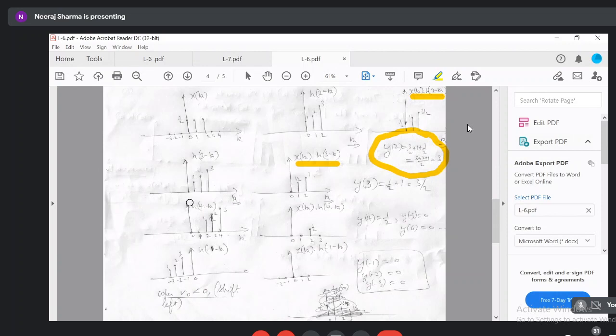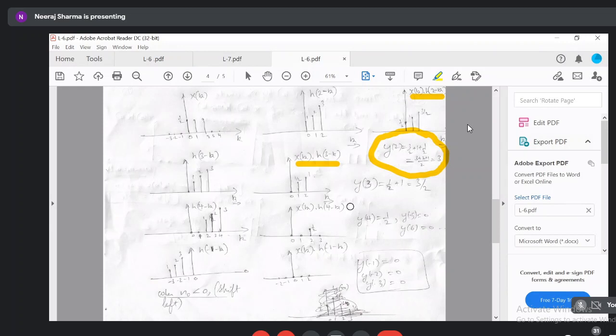So again do the sample wise product, right? 0 multiplied by 1 by 2, that is 0. 1 multiplied by 1 by 2, that is 1 by 2, right? Next is 1 by 2 multiplied by 2 equal to 1. Then this, that is k equal to 3, multiplied by 0 equal to 0.